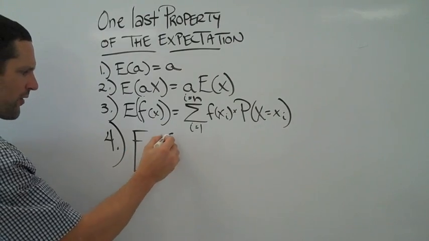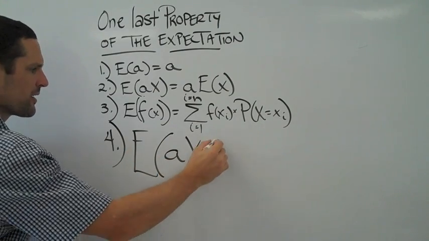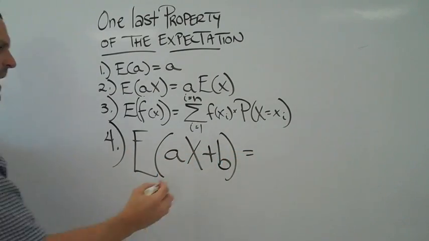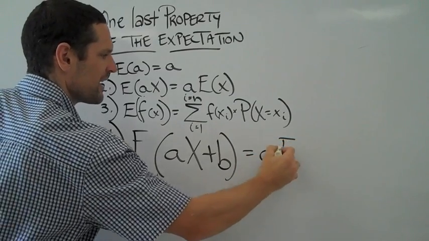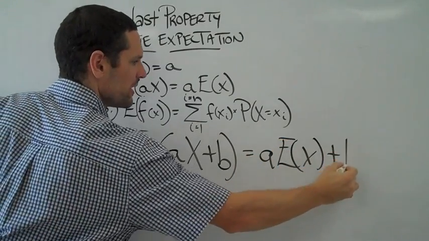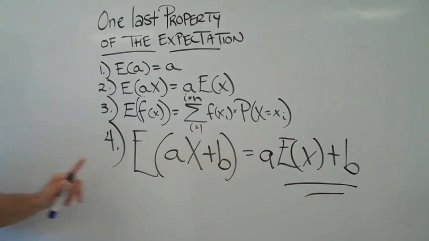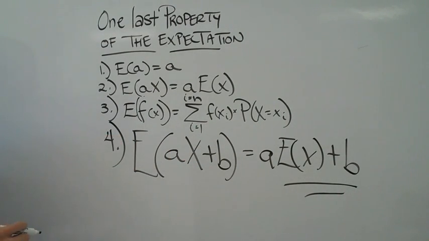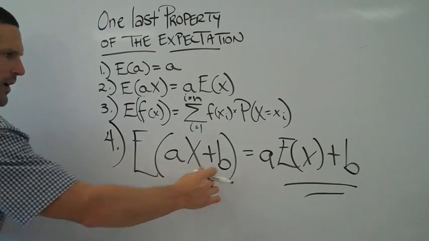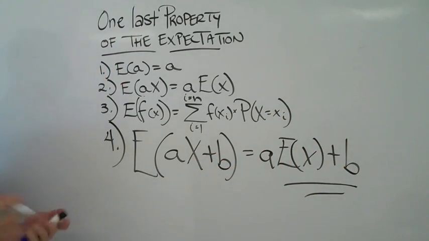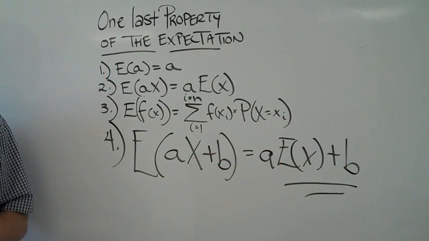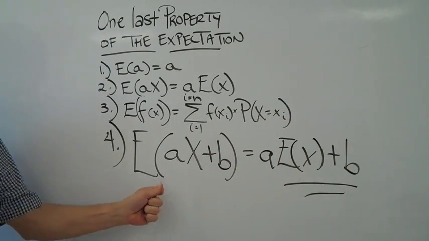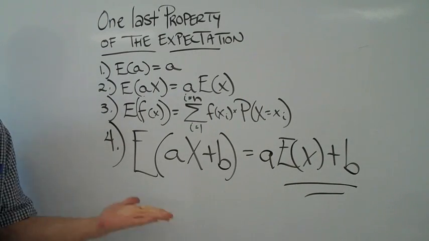E of aX plus b turns out to be a times E of X plus b. So the expected value of aX plus b turns out to take this a, that's a constant, out front, times the expected value, and then we're going to have the whole thing plus b. I couldn't find a good example of that with you, so maybe it's not super important for us, but it's just good to know this and file away. You may need it someday.